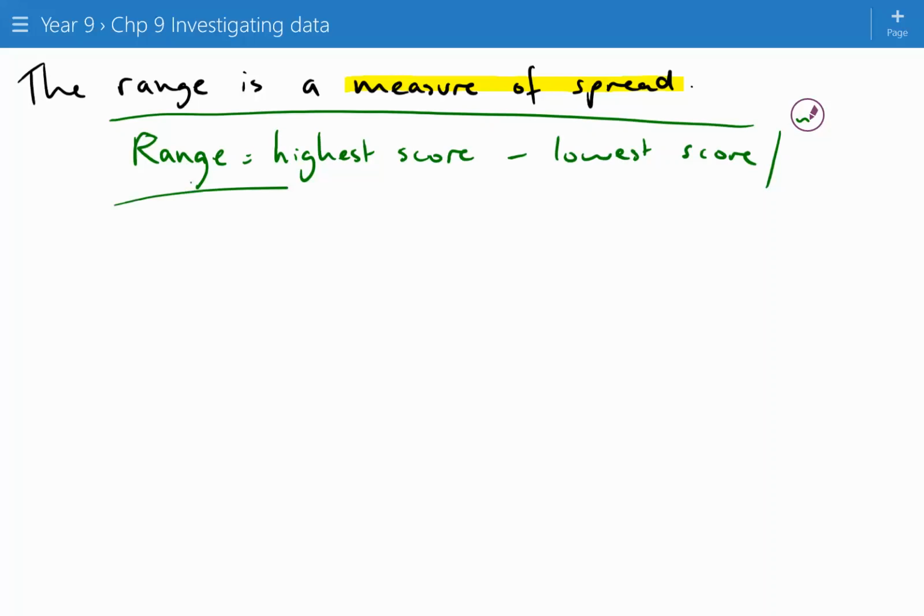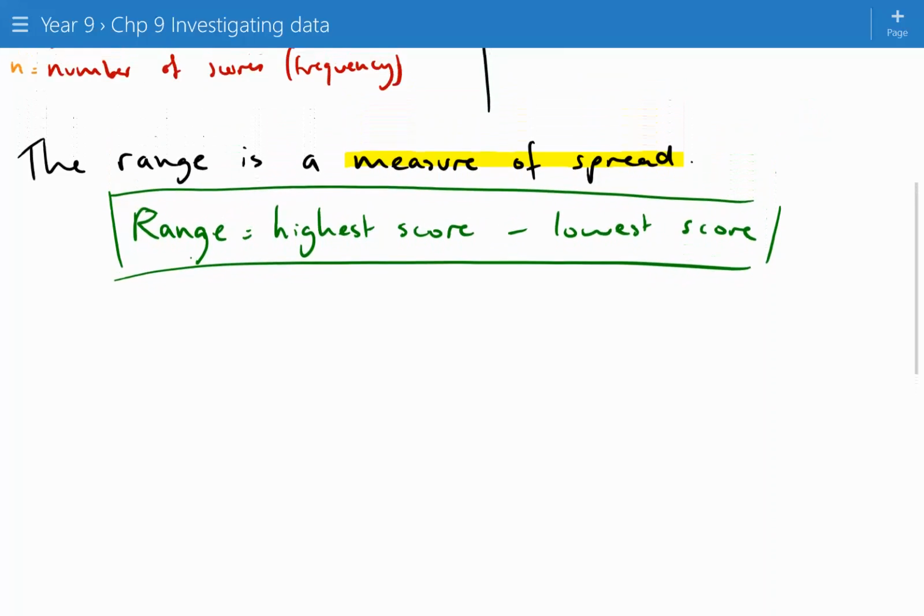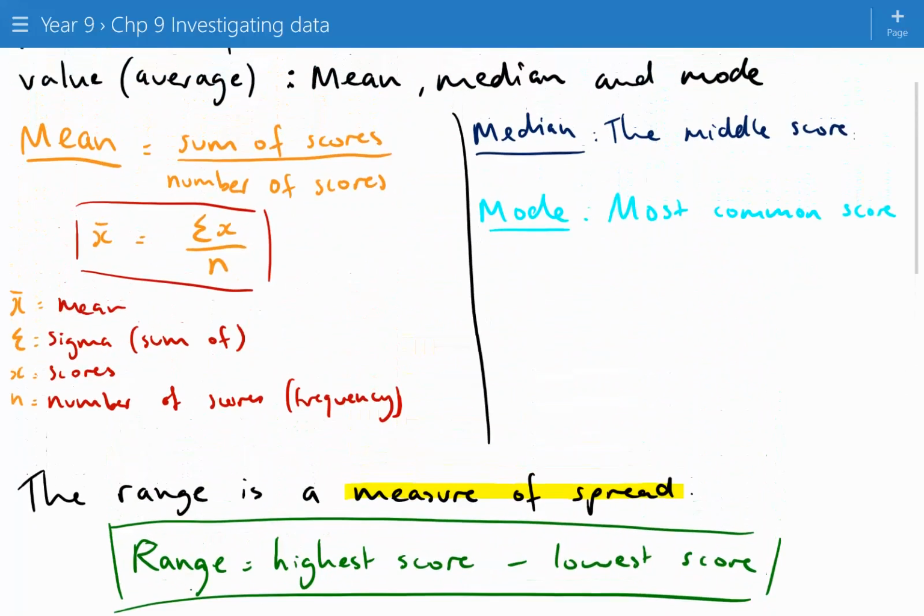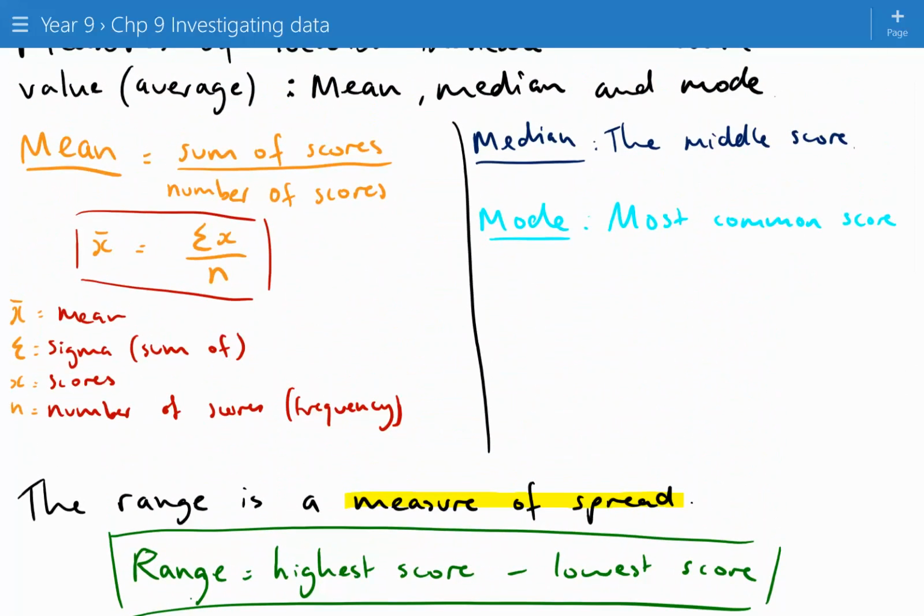So range is the measure of spread. The three measures of location, or the central value, are the mean, median, and mode. Make sure you get these notes, and we're going to move on and do an example.